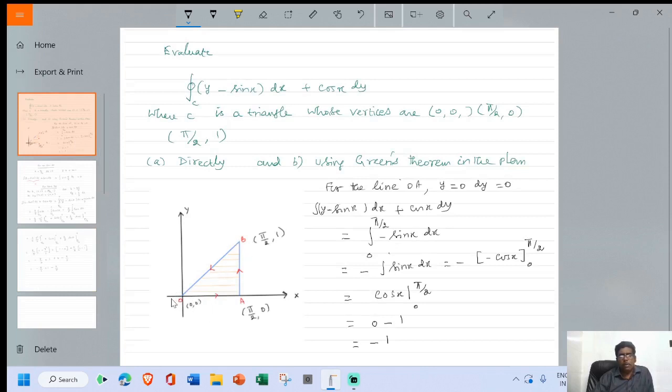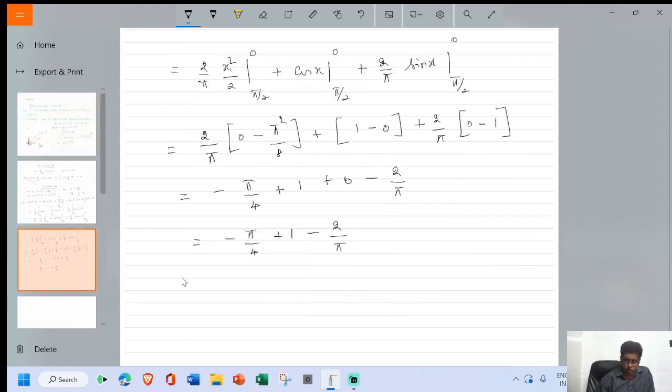Now the integral value for OA plus AB plus BO we should calculate. The integral of (y − sin x) dx + cos x dy equals integral OA plus integral AB plus integral BO.